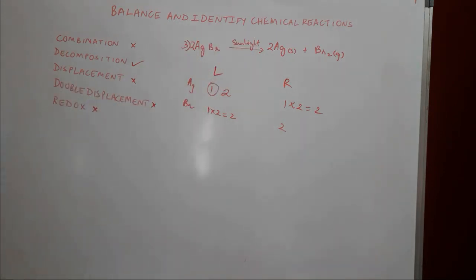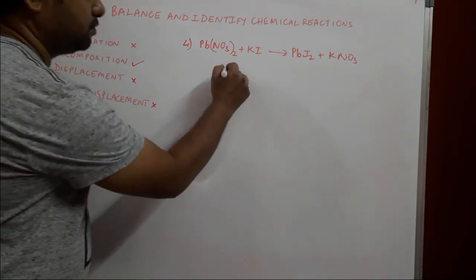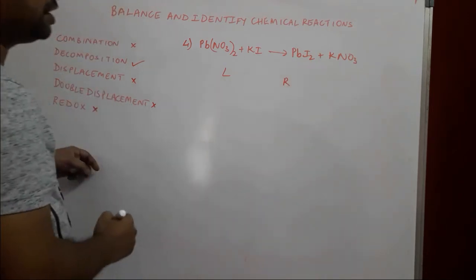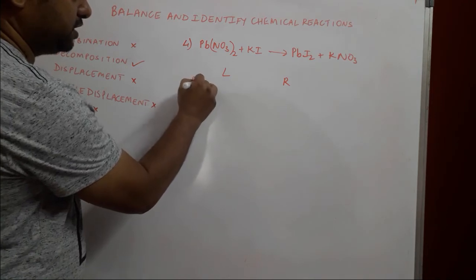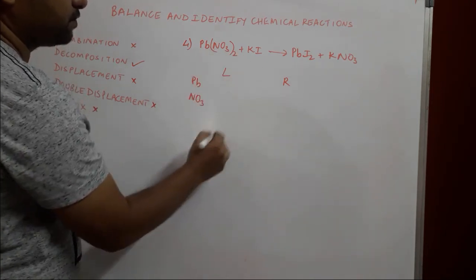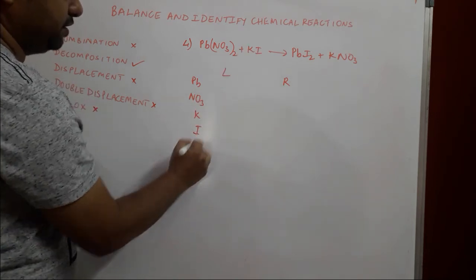Let's take the next question. So here we have lead nitrate reacting with potassium iodide to give you lead iodide plus potassium nitrate. Okay, so list down the elements on the reactant side and the product side. The first is lead, and this is a polyatomic ion, so we take it together, NO3. We have potassium and we have iodine.